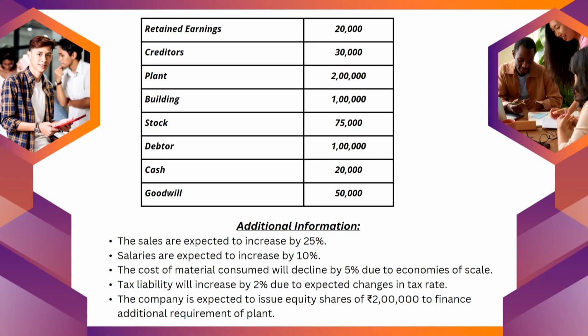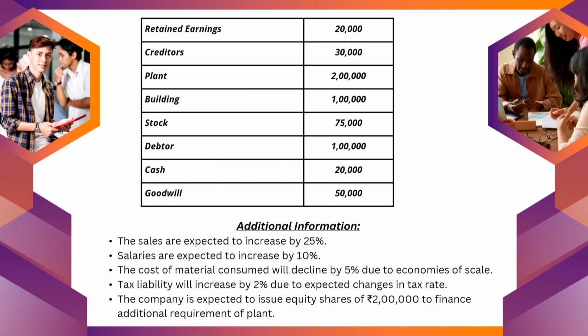Going with the first, now we calculate the different values for ROE prediction. The first is sales. As you can see, the sales are expected to increase by 25%. So we go with the gross sales.